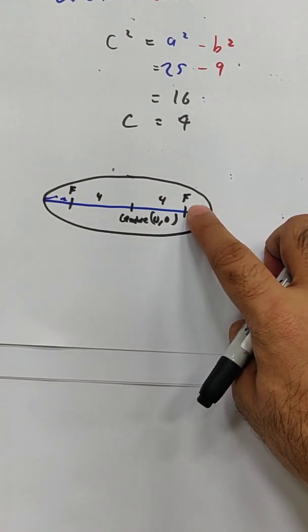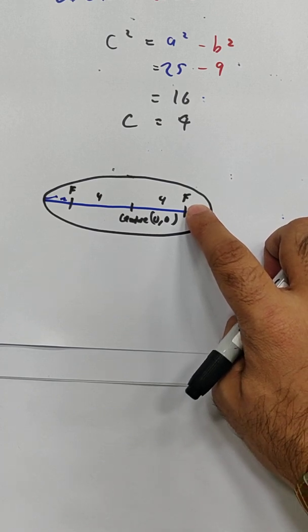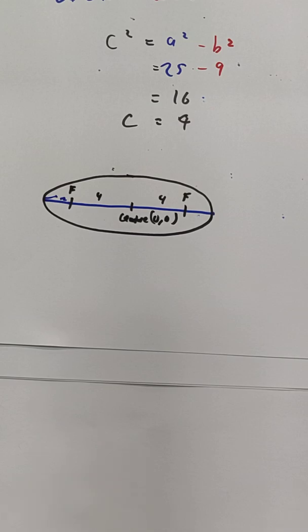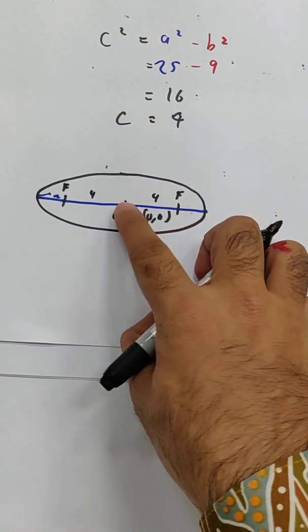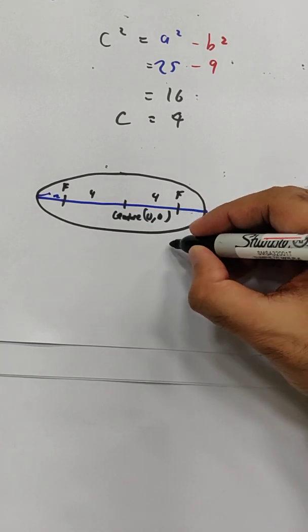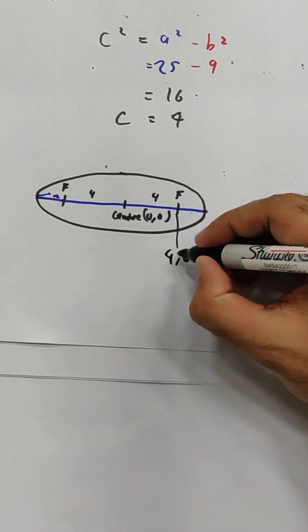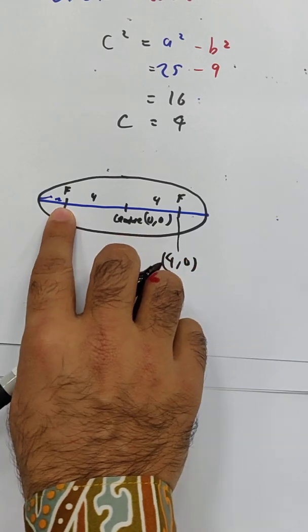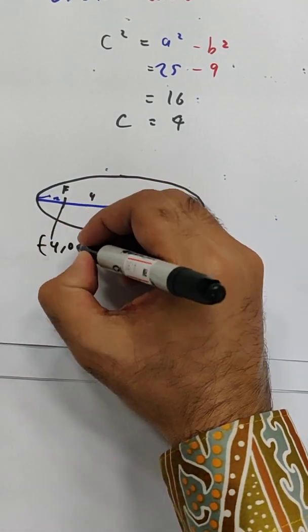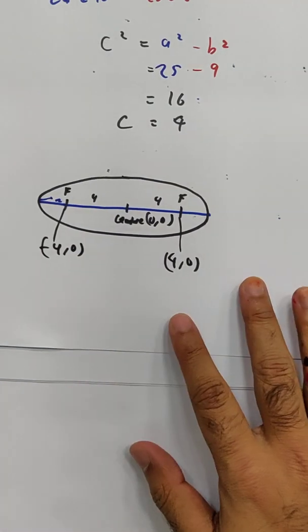This one will be 0, 4 or 4, 0? Be careful where you add them. I don't recommend memorizing, but checking. I'm moving in the x-axis, so this one should be 4, 0. And this one should be negative 4, 0. Very good.